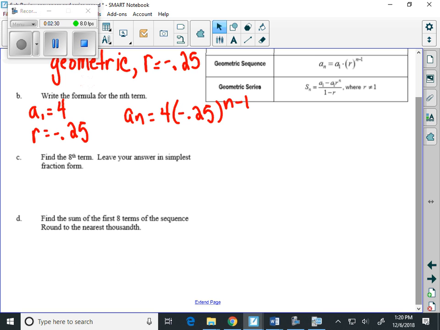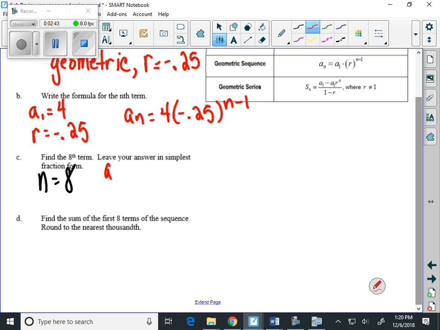As we get down here to part C, it says find the 8th term. N equals 8. So as we take a look at that, we're still going to use our same formula. It's going to be a sub 8 equals 4 times -0.25 to the 8 minus 1.